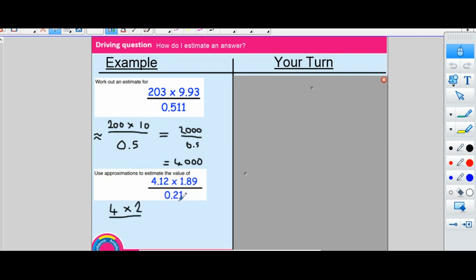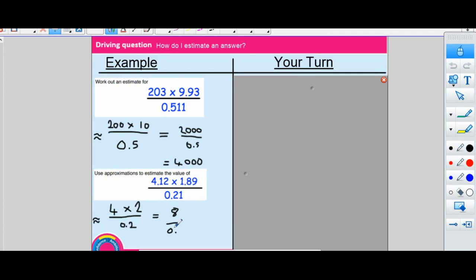I'm rounding the 2, the decider's a 1, so 0.2. That calculation is approximately this calculation. And this calculation is equal to 8 divided by 0.2.